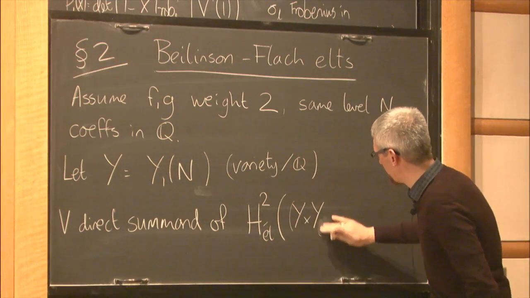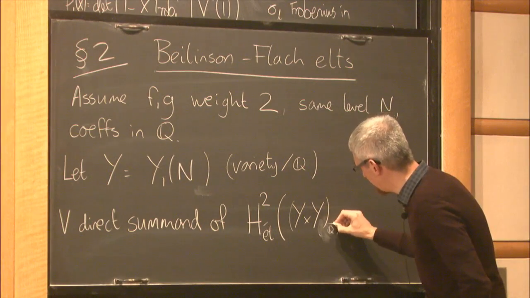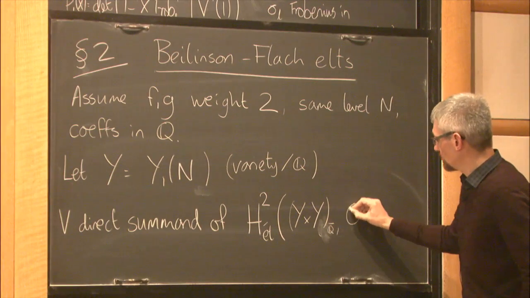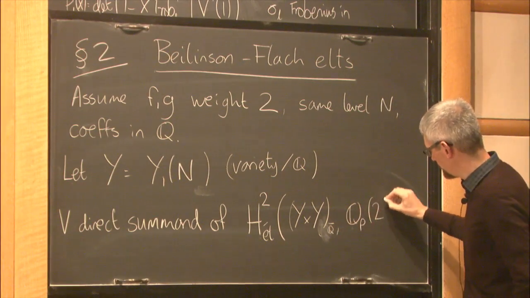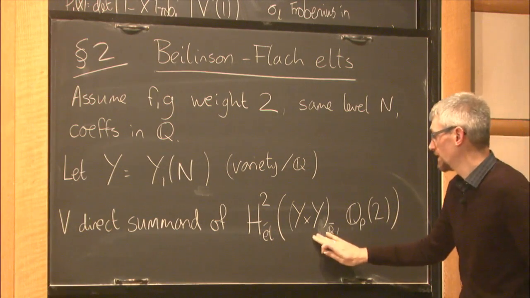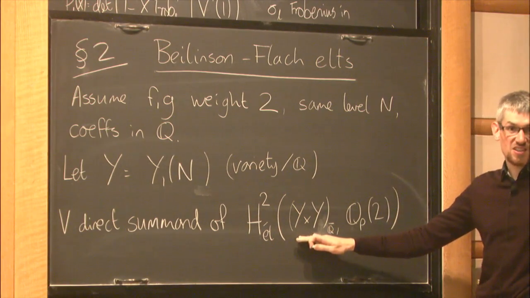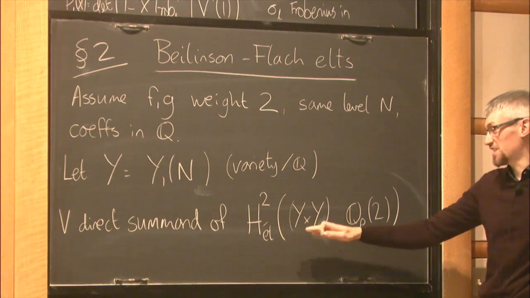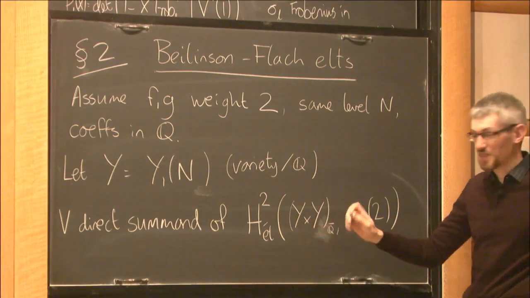I mean, the variety Y times Y over Q bar with coefficients in Q_p twist 2. I'm working over Q bar, so by the functoriality of étale cohomology, this has the structure of a Galois representation.